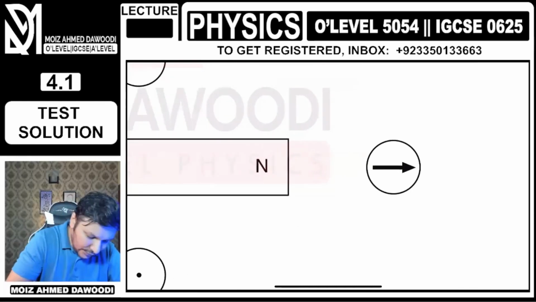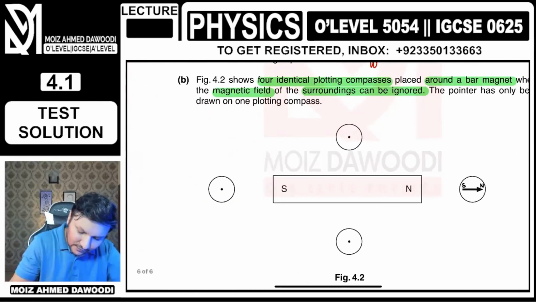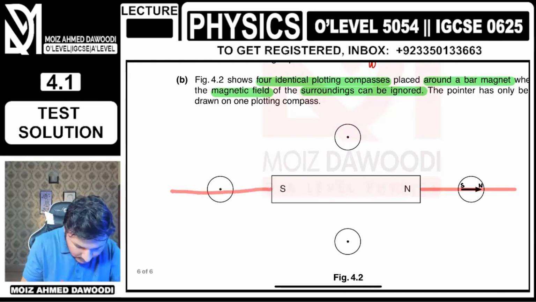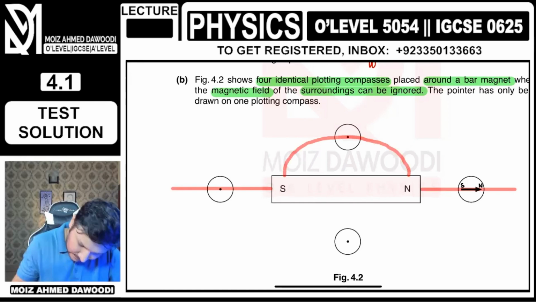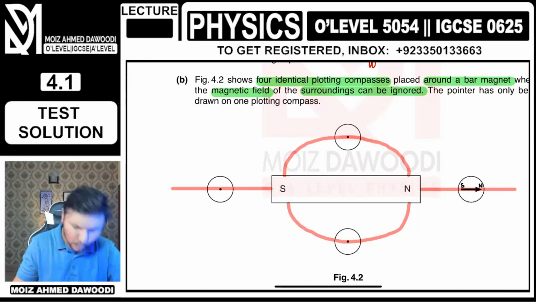Now, as I told you earlier, the pointy part is north and this one is south. So again, we have to recall the pattern of the magnetic field of a bar magnet. We can draw the pattern like this, through the dots.